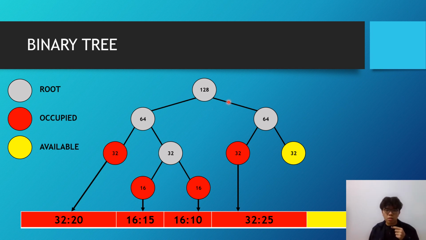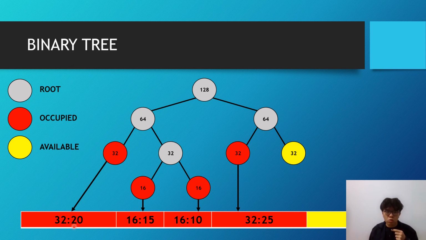In the example just now, we use a total memory space of 128 bytes. And for this row of instructions, there are allocate requests of 20, 15, 10, and 25.